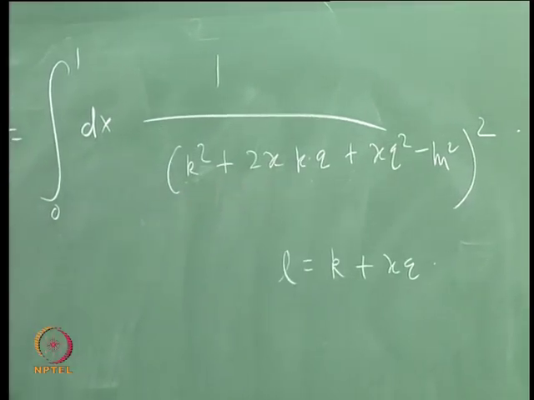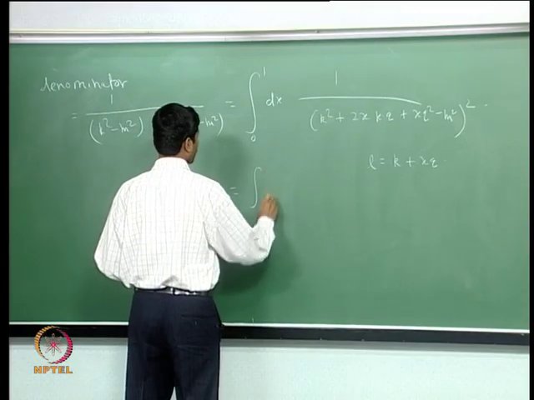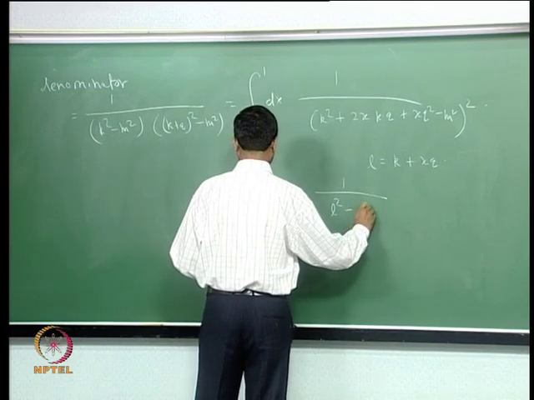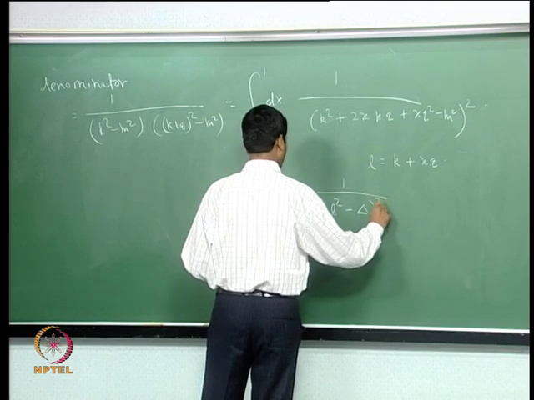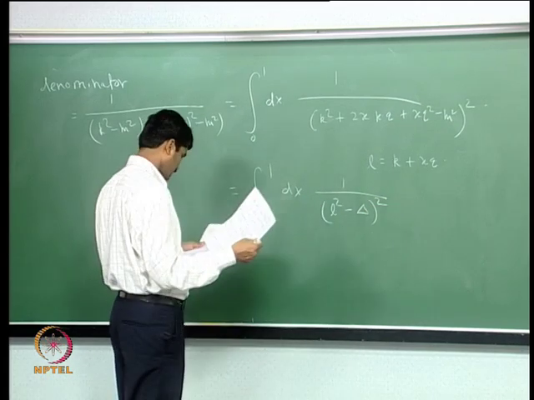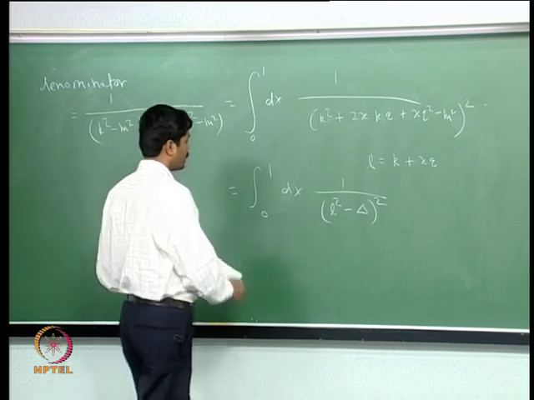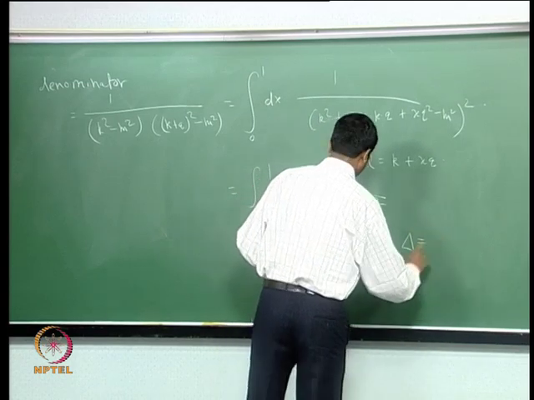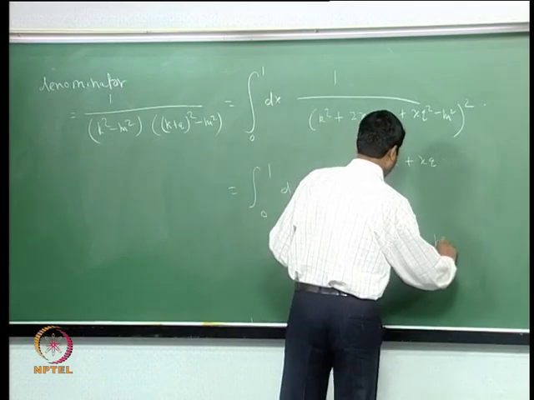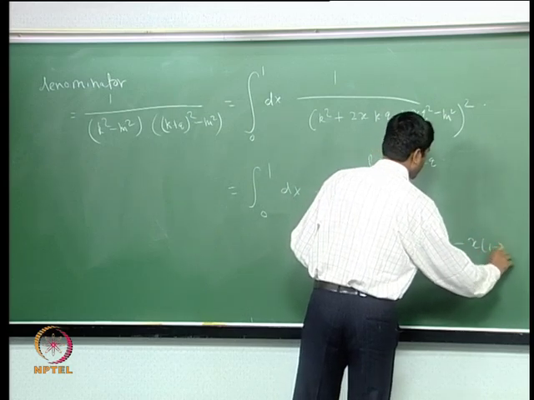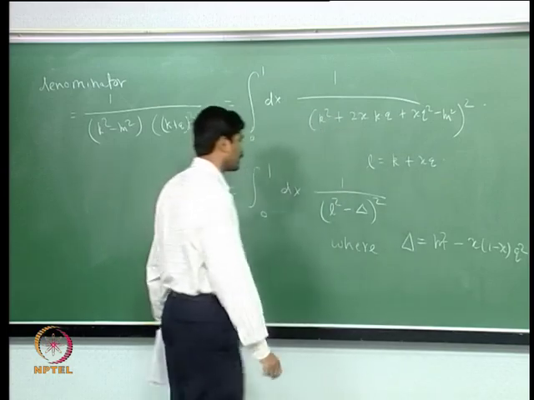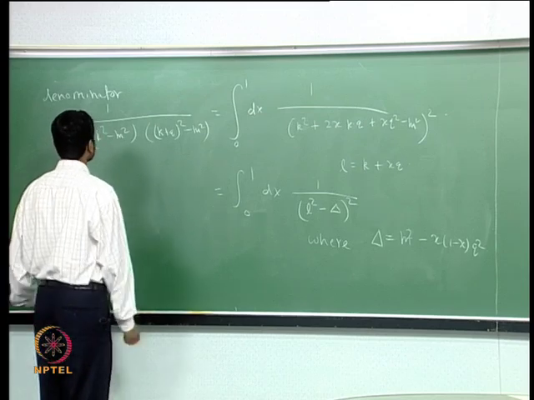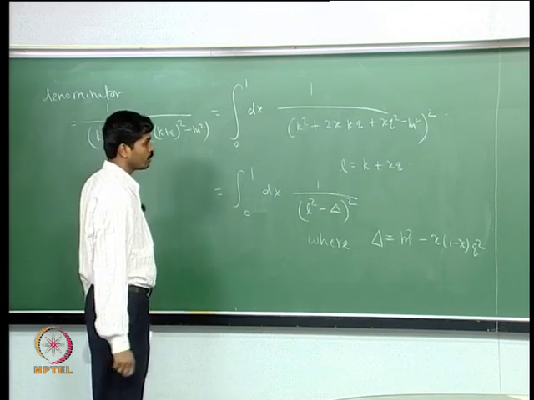When I do that, what I will get is simply 0 to 1 dx 1 over (L squared minus Delta) whole squared, where Delta is given by m squared minus x into 1 minus x q squared. So, this is what I will get in the denominator.